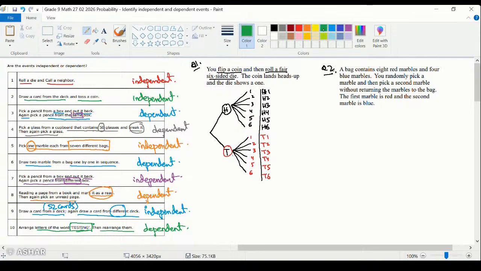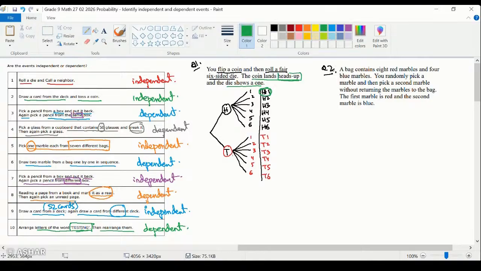What they are saying is the coin lands on heads and the die shows a 1. Is the result of this outcome dependent on the other outcomes? Is it dependent or independent? It's independent because head and 1 will come only one time, right?